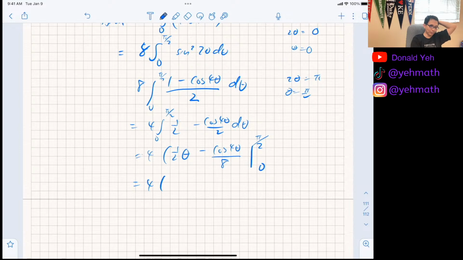If I plug in pi over 2, 1/2 is pi over 4, right? Cosine of 2 pi, what's cosine of 2 pi? Cosine 2 pi is 1. So is it minus 1 over 8?